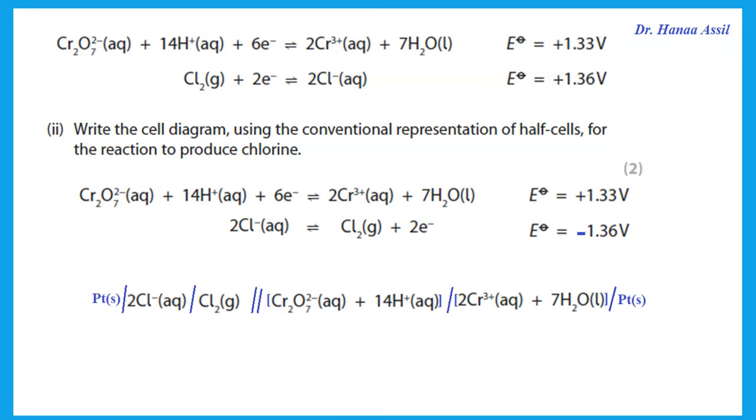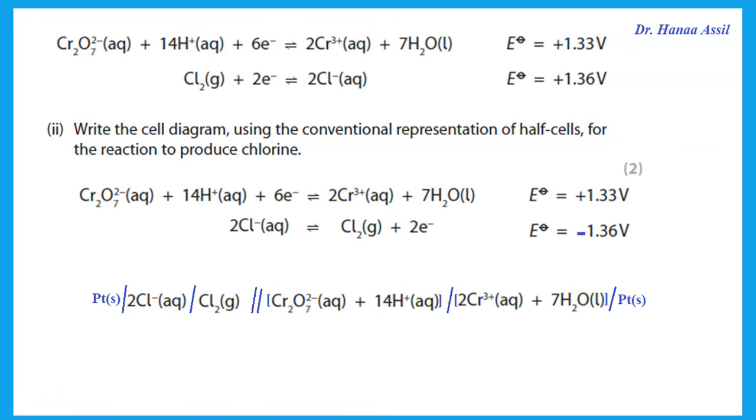Now, how do we write the cell diagram? We start with oxidation on the left. Which one is oxidation? It's the chloride going to the chlorine. And this is a mixture of solution and gas, so the electrode will be platinum. So we have platinum on the left. This is where we have oxidation. Remember, we start the cell diagram on the left with the oxidation part. And then the double lines represent the salt bridge.